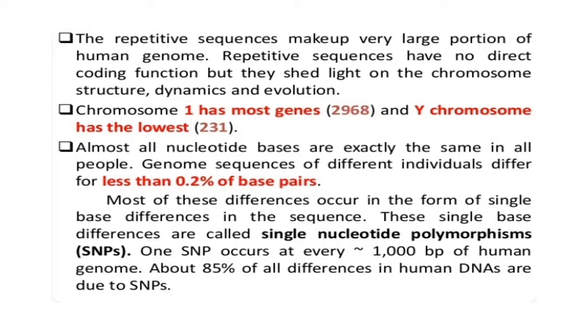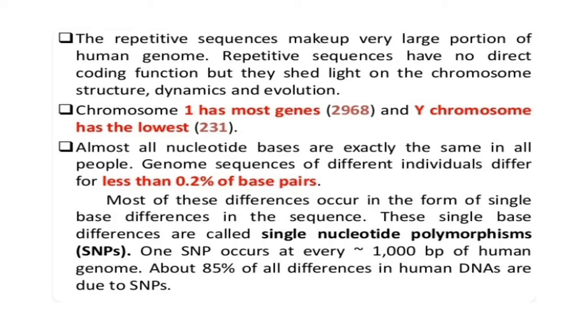Almost all nucleotide bases are exactly the same in all people. Genome sequences of different individuals differ for less than 0.2% of base pairs. Most of these differences occur in the form of single base differences in the sequences. These single base differences are called single nucleotide polymorphisms, or SNPs, and one SNP occurs at every 1,000 base pairs of the human genome.